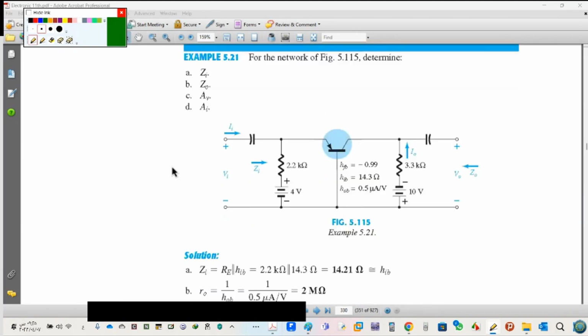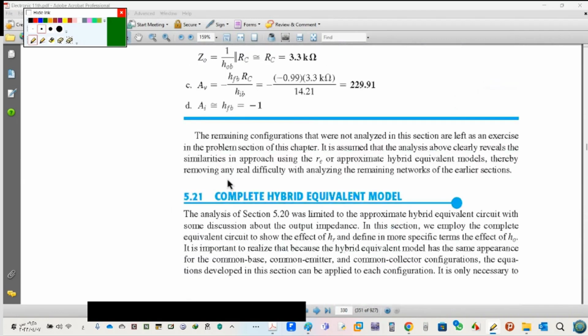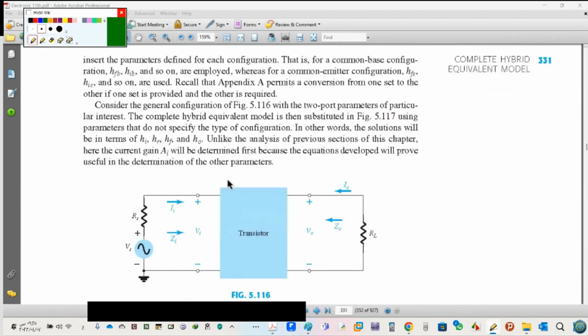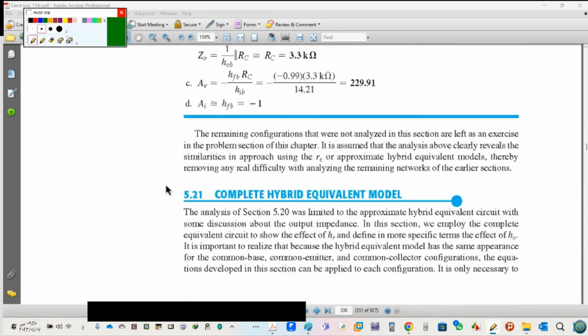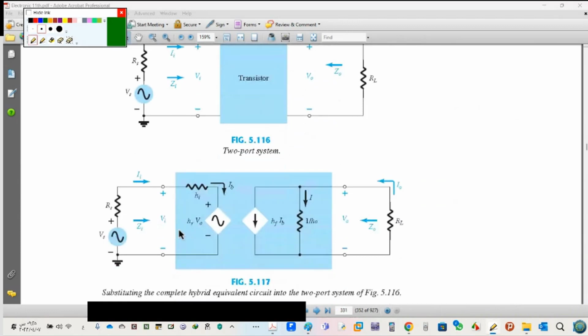Okay, this is an example about how we can do the implementation. So just how we can implement this one here. Complete hybrid equivalent model. It's cancelled, this one. But here they explain to us how we can use the full model, for example with HRE, HFE, HR, and HO.